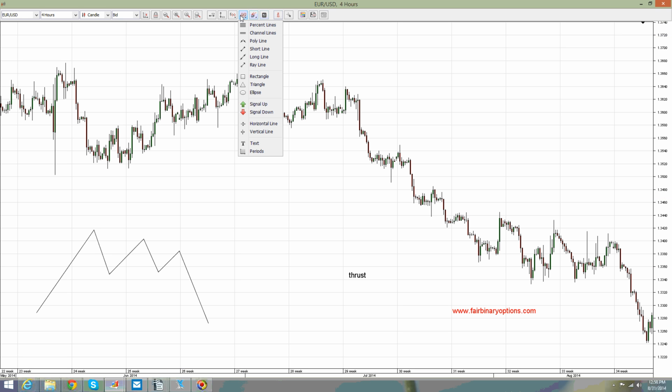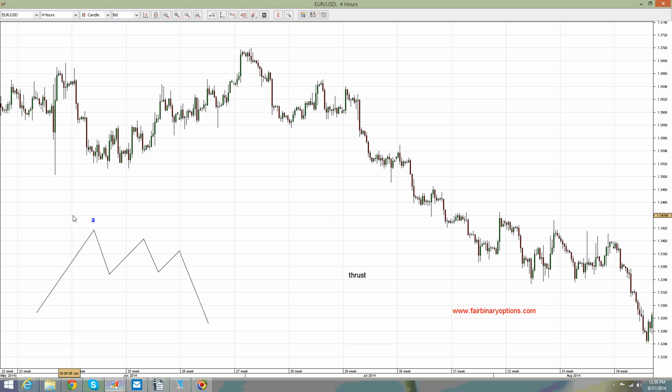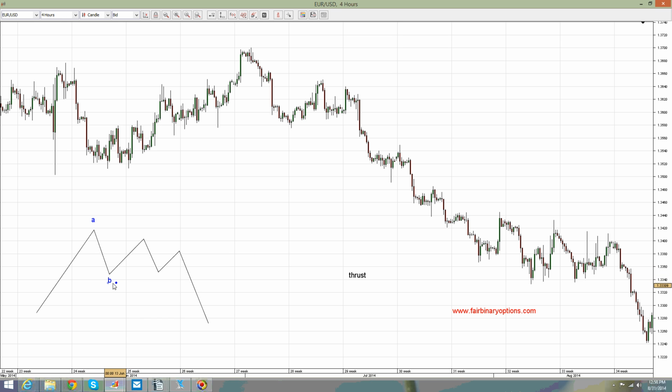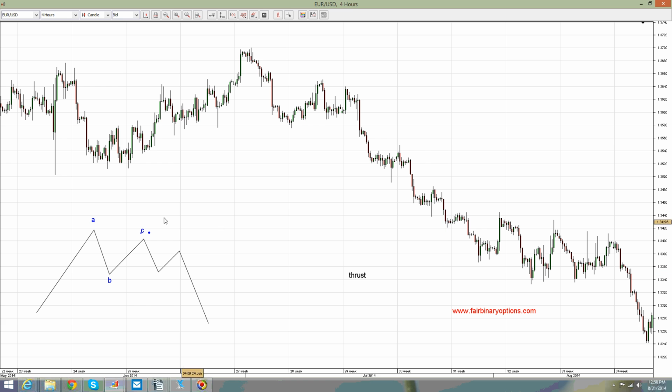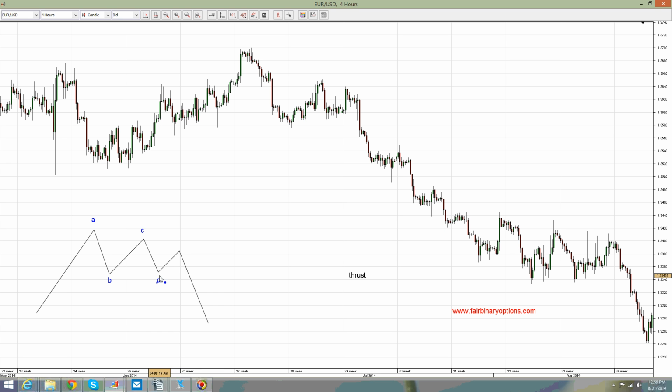The contracting triangle is given by the 5 legs here, so this would be wave A, let's say, this the B wave, this the C wave to the upside, A, B, C, the D, and the E wave.